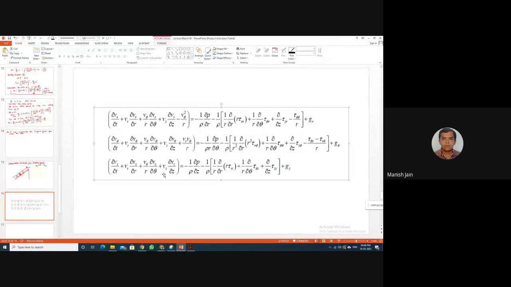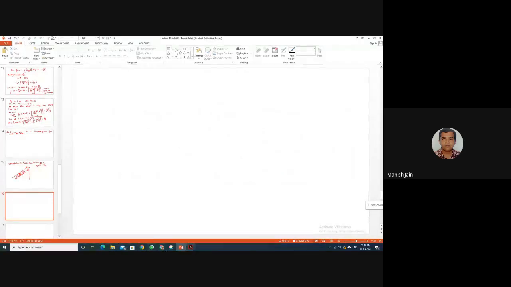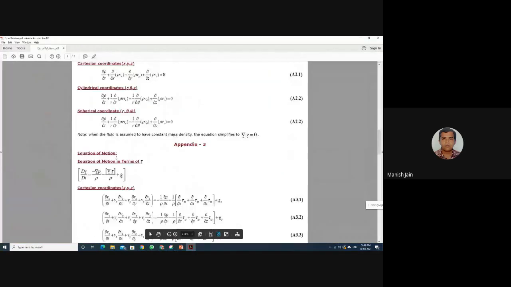These are the cylindrical coordinates, okay, these are the cylindrical. Now we should take the Cartesian coordinate. One minute. These are the Cartesian coordinate system.